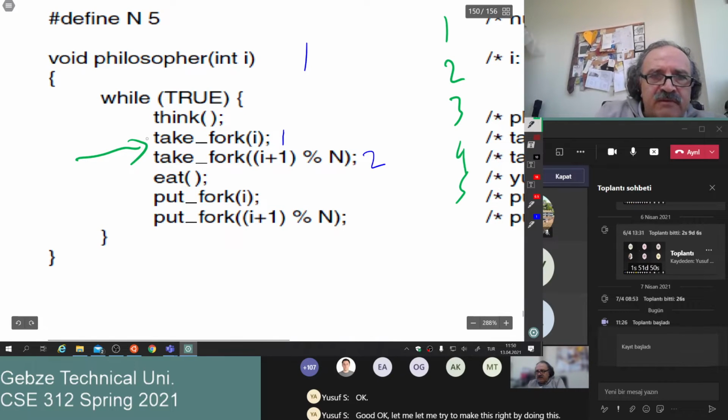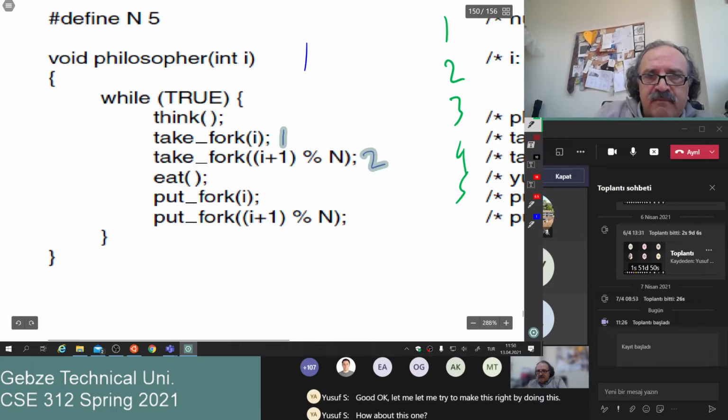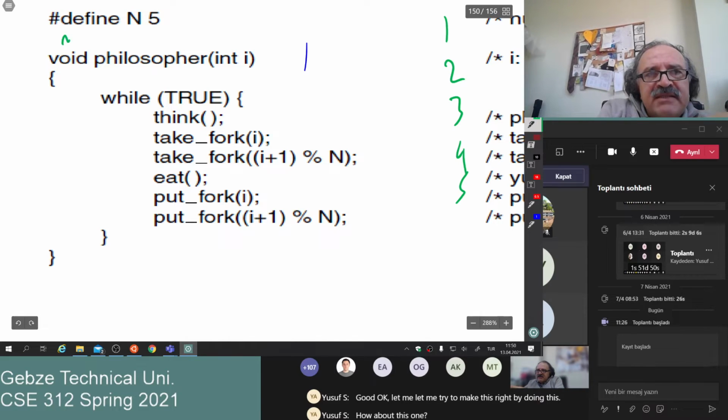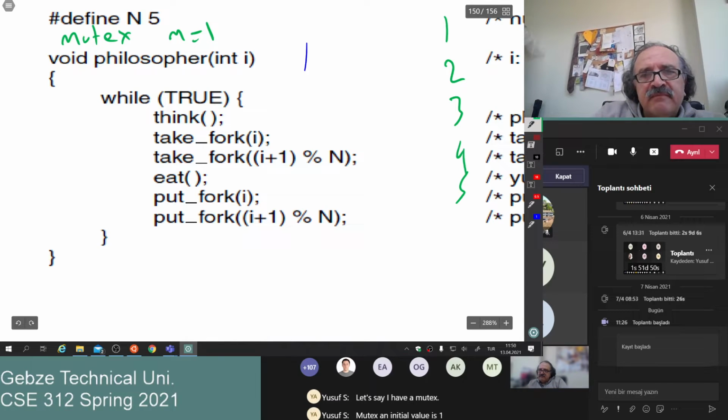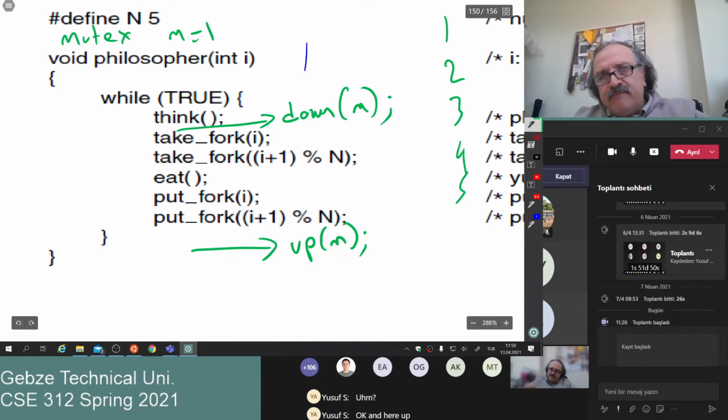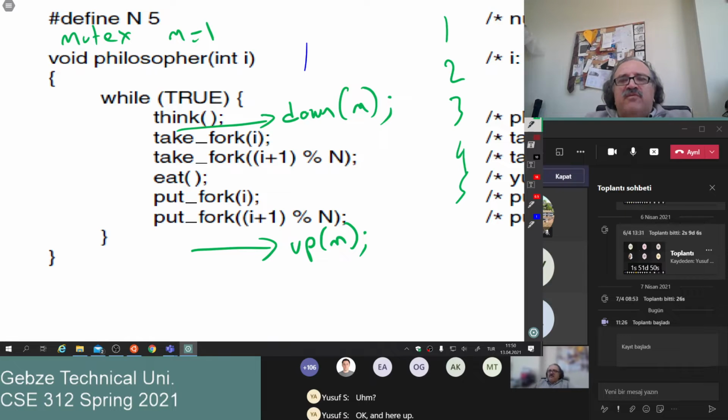Let me try to make this right by doing this. How about this one? Let's say I have a mutex, mutex m, initial value is 1. And here I write down m, and here up m.